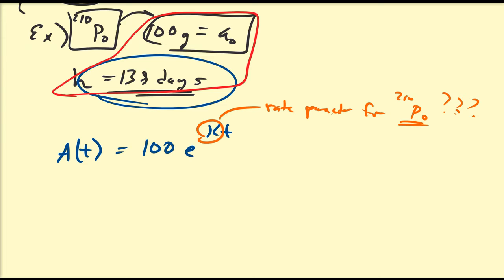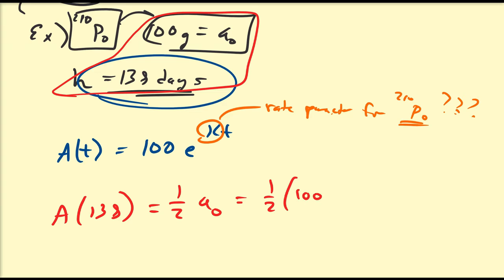The half-life is 138 days. So after 138 days, we should have half of what we started with. So this should be equal to half of A0, which is half of 100, which is 50.